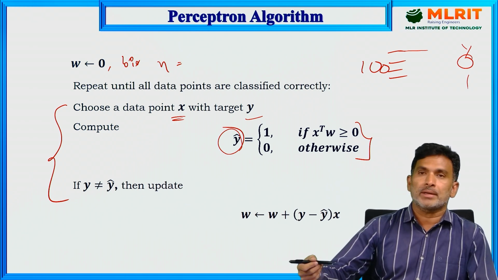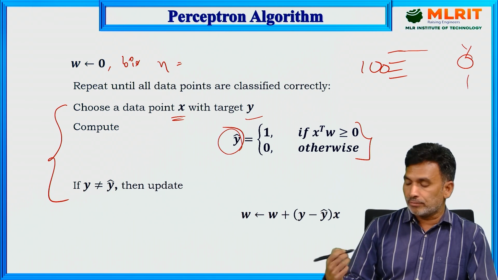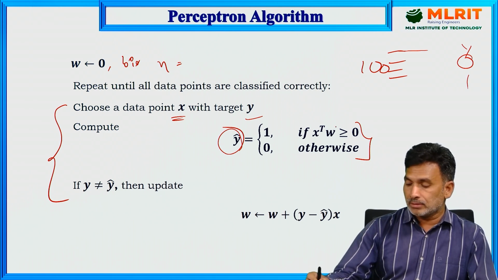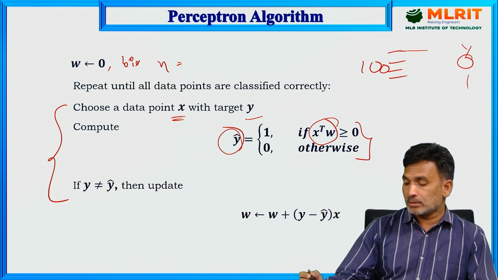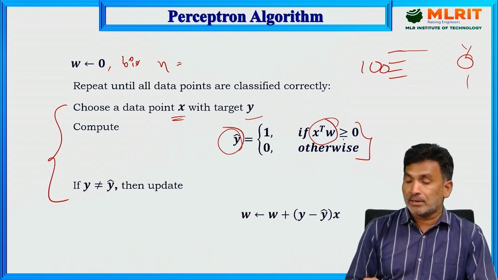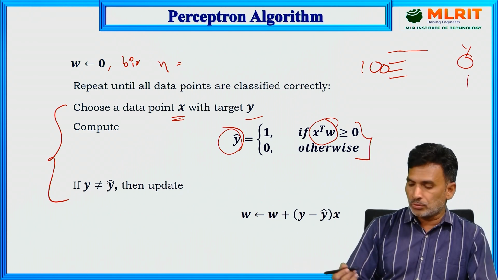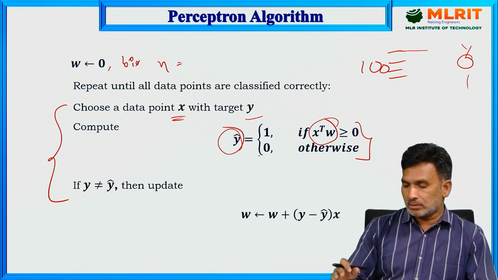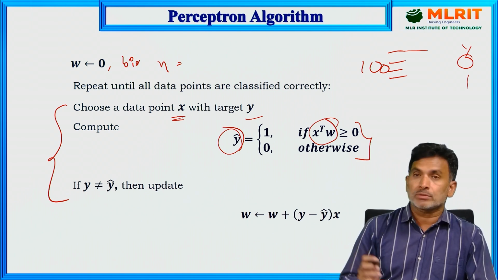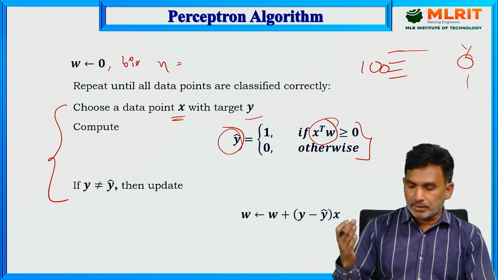It gives only the binary output, that is either 0 or 1. If this is a nonlinear activation function, and that value is greater than or equal to 0, then it has to produce output 1, otherwise it has to produce 0. But this function and the outputs would vary from one problem to another problem.